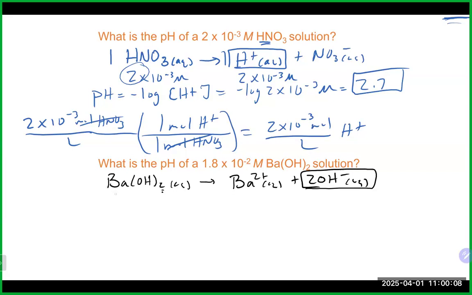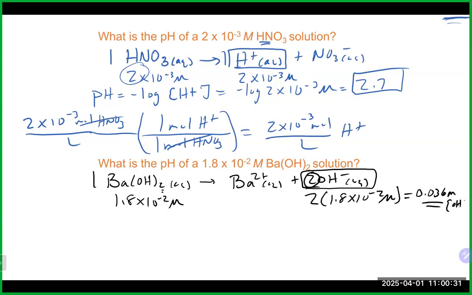And we have 1.8 times 10 to the minus 2. It is actually a 1-to-2 relationship, which means you do have to multiply the concentration by 2 to get the correct concentration of the hydroxide, which is 0.036 molar in this case. And again, that is the correct hydroxide concentration.